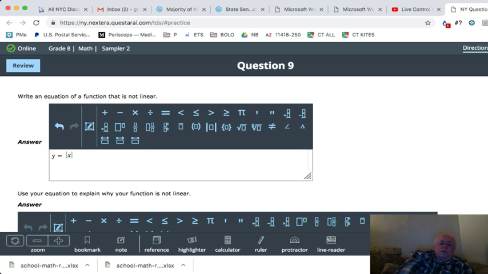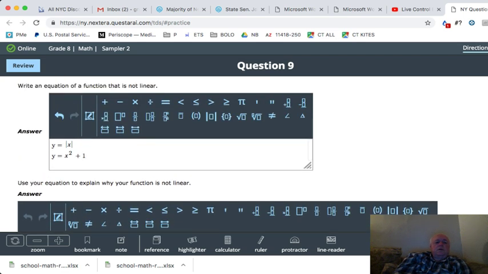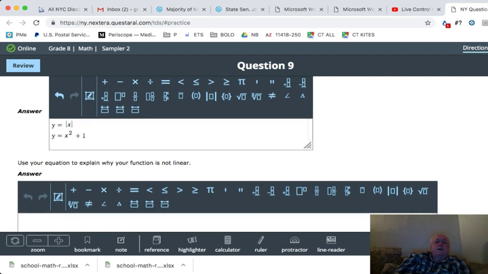that's not linear. If we did y equals, say, a quadratic, for instance x squared plus 1, that's also not linear. By the way, that might be what the second question is: use your equation to explain why your function is not linear.